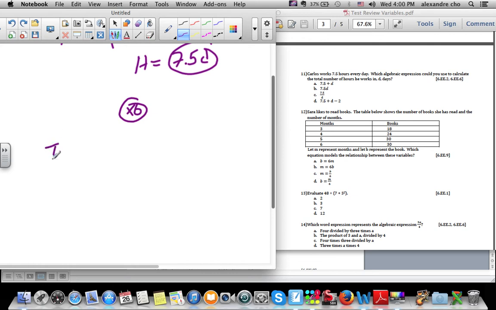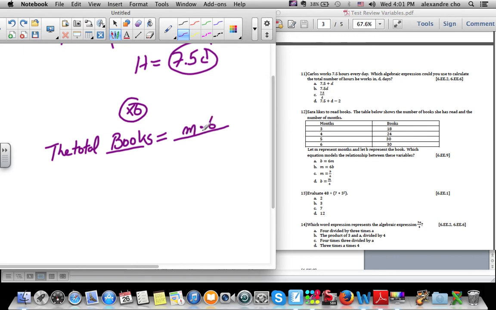Well, go back to that sentence. The total what? The total months or the total number of books? What are we trying to find out? The total number of books. And how do we find out how many books she has read? Well, we multiply the number of months times 6. Let's see if that works.